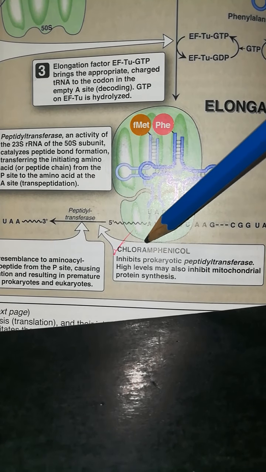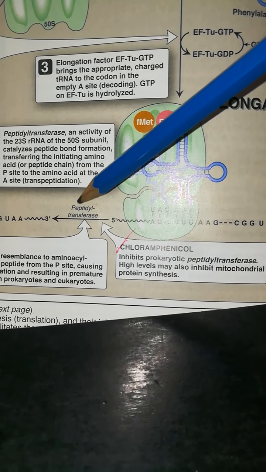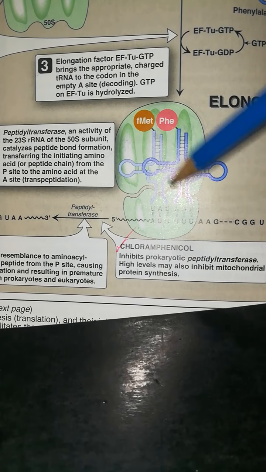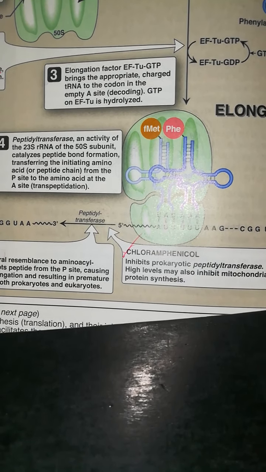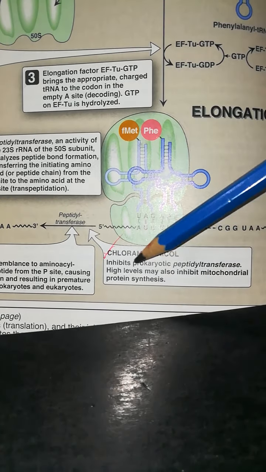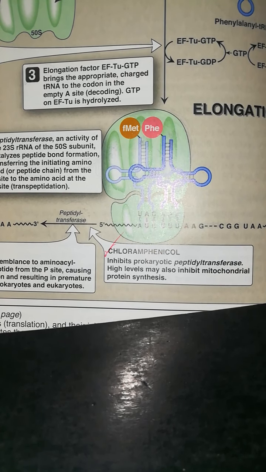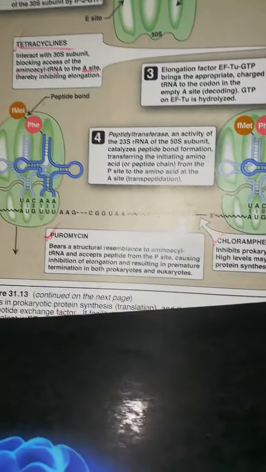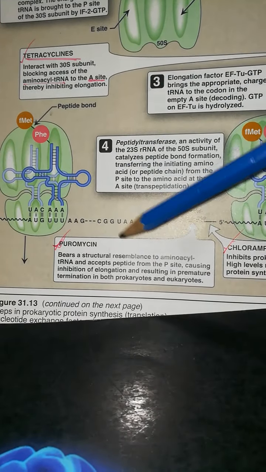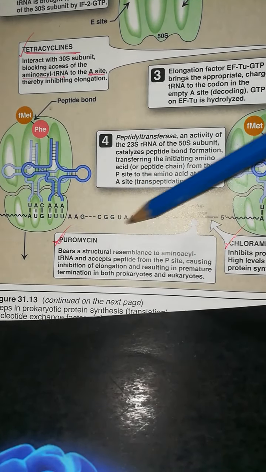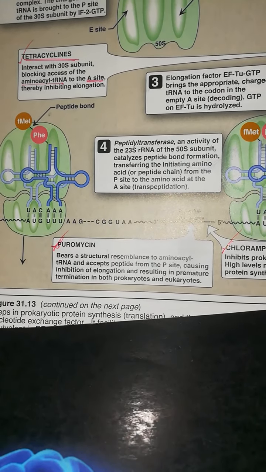If we take chloramphenicol, this step is inhibited within the bacteria and the peptide bond cannot be formed. Here you follow the inhibition of the prokaryotic peptidyl transferase enzyme. Puromycin antibiotic also acts through this pathway.